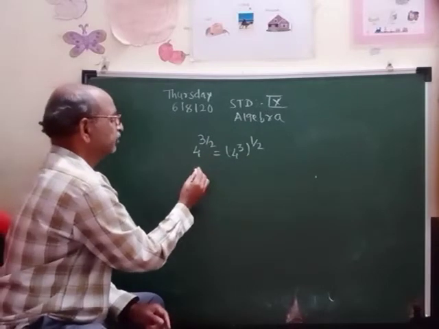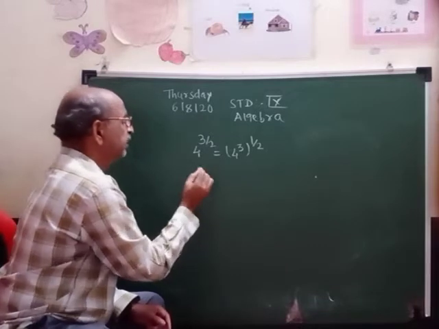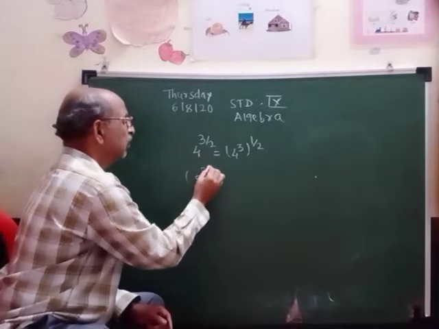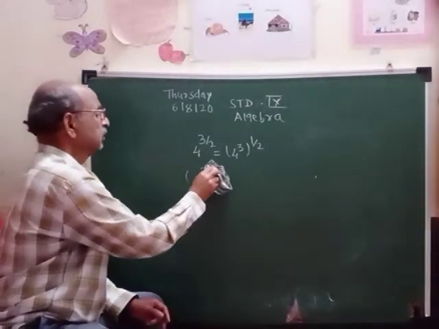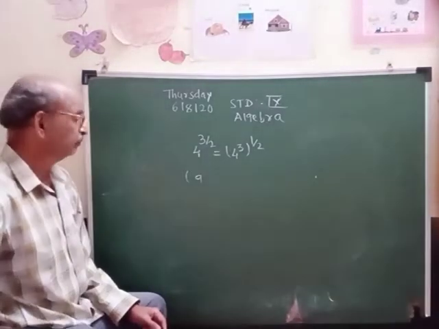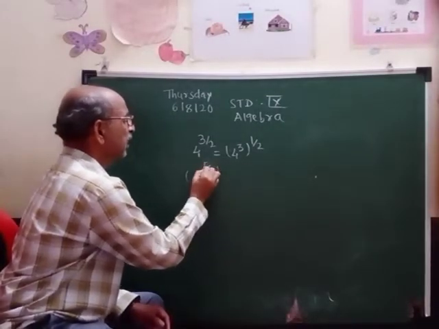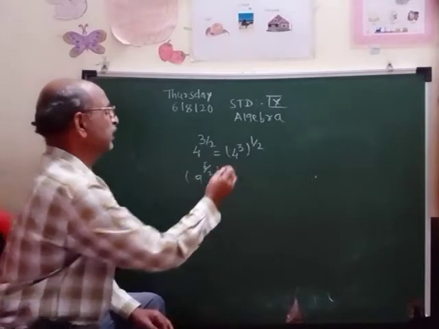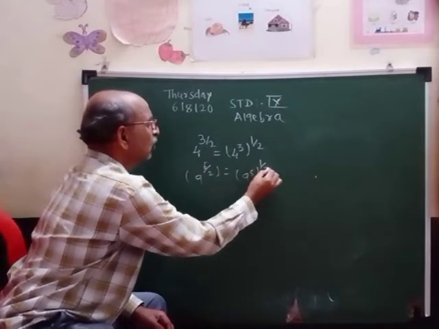Similarly 9 raised to 5 upon 2 we write as 9 raised to 5, raised to 1 half.